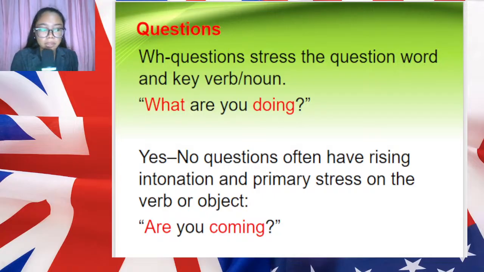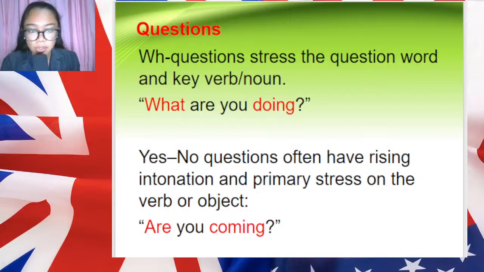Now, what we're diving into today. Today, we're going to build on that foundation and delve into other fascinating stress patterns. We will look at how stress can change depending on the speaker's intention, the grammatical structure, or even just to maintain the flow of conversation.